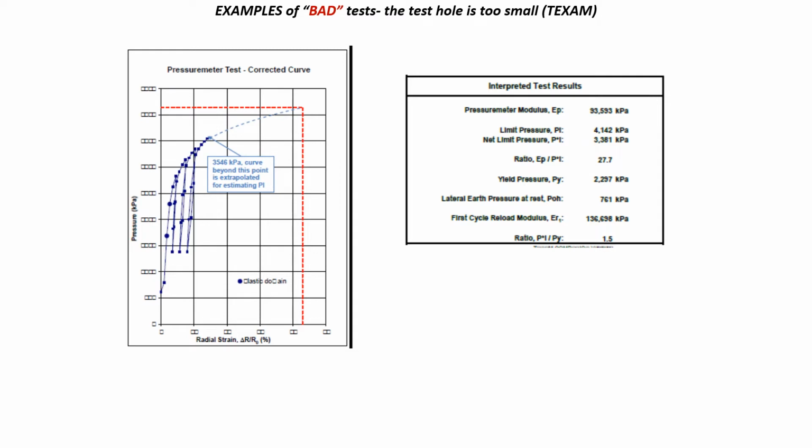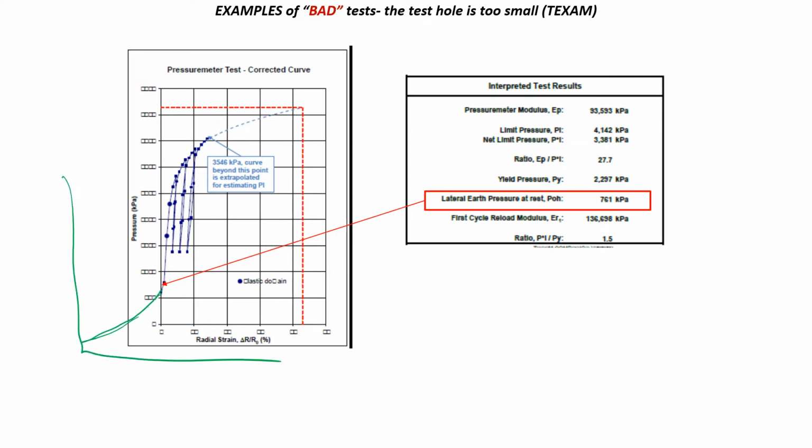So what we can see here, okay guys, as I showed you on the previous slide, this test shows the hole was a little bit tight. That means you cannot see all this initial part. Do you remember? So the question is, where is this one?